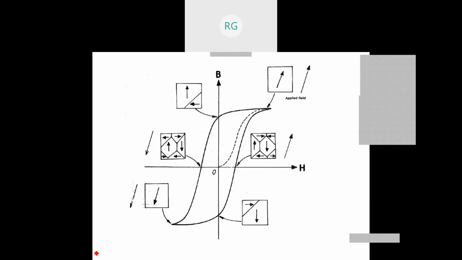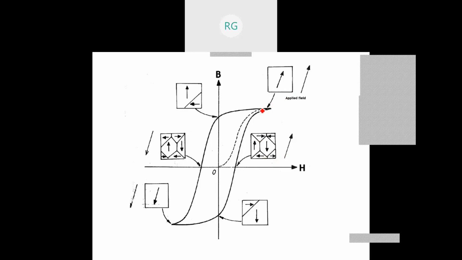Likewise, we can say that in the hysteresis curve, initially domains are in random directions. As H is increased, they start aligning in the direction of the applied magnetic field. Once the applied magnetic field is sufficiently large, all the domains will be in the same direction as the applied field, and you will get saturation magnetization.